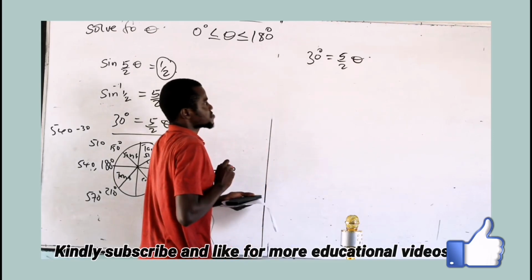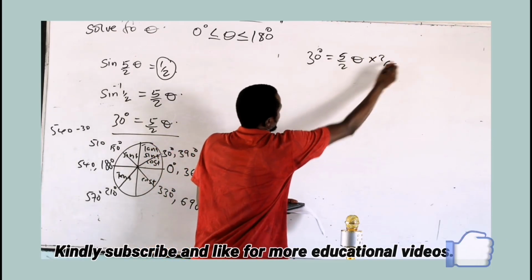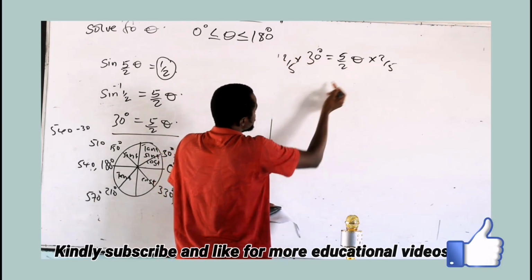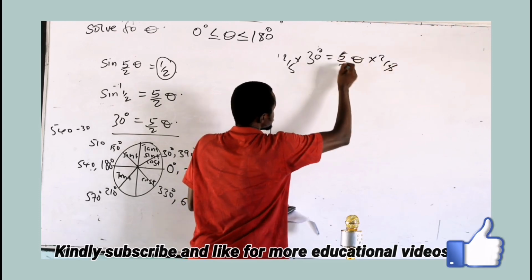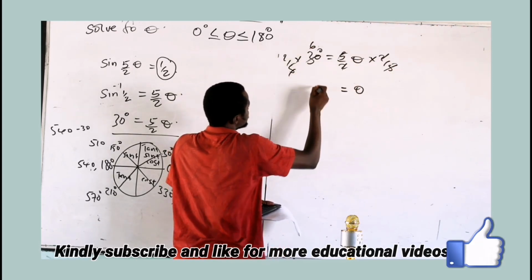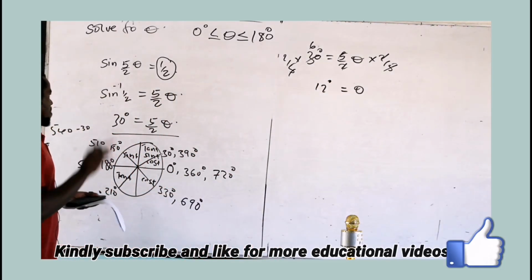Let's simplify: 2 over 5 times 30. Then theta will give you 12 degrees. We have gotten our first value of theta.